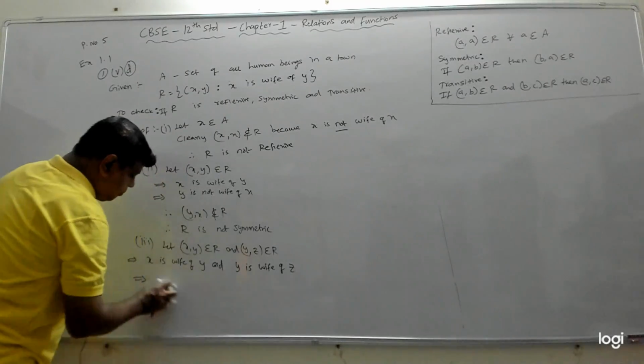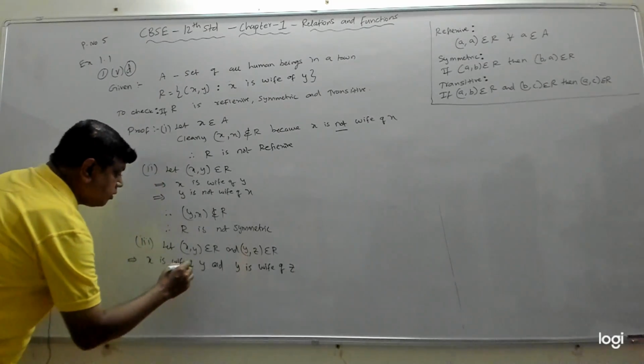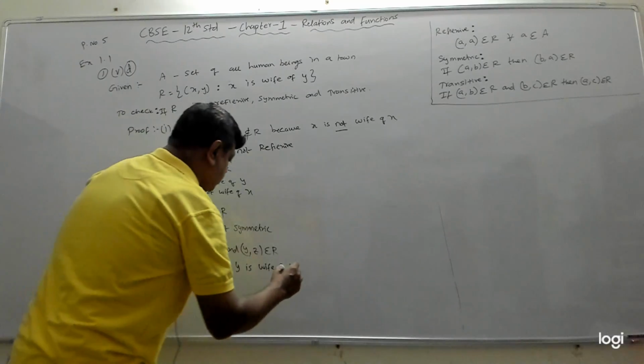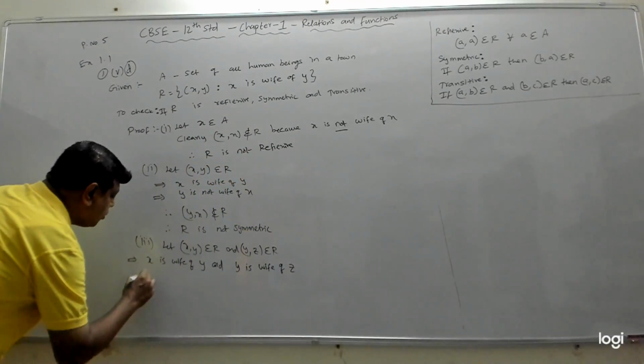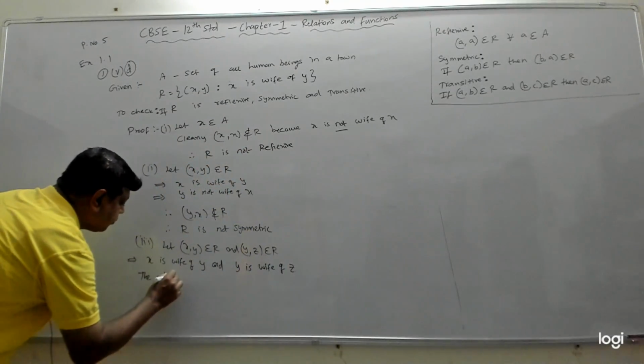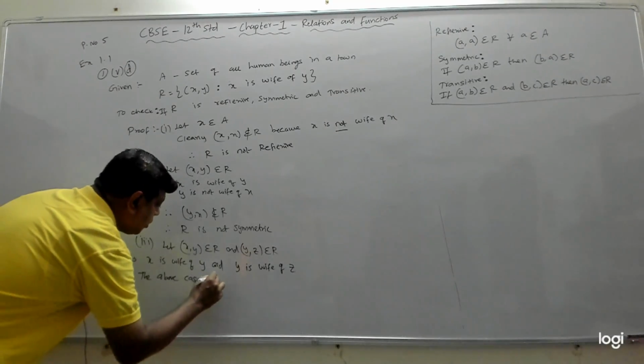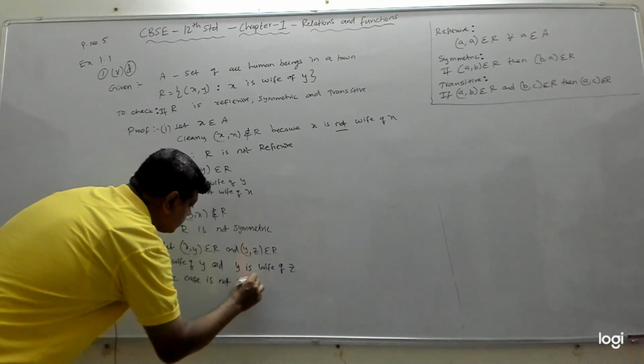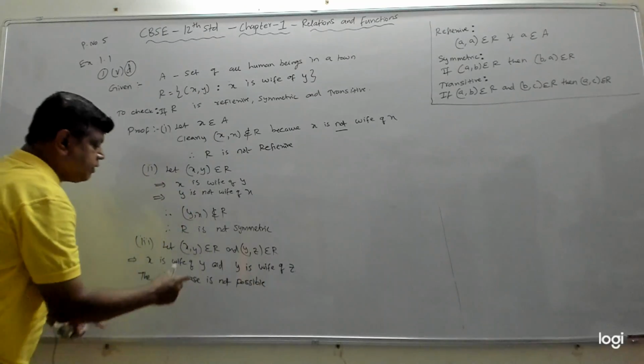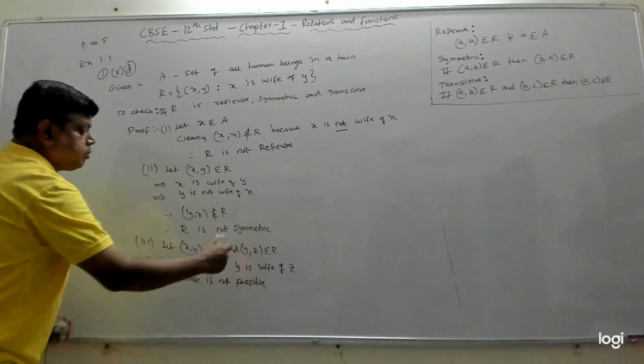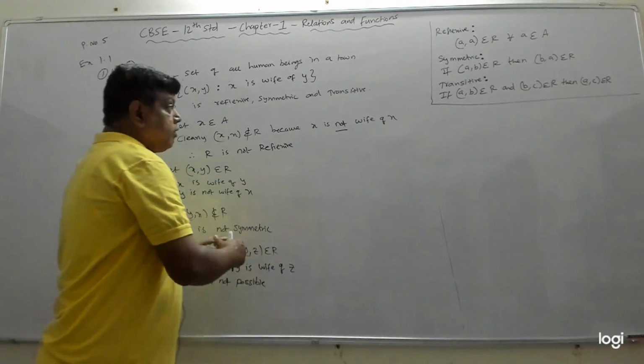So the above case is not possible, which means we cannot even take such a pair. We don't even have such a pair.